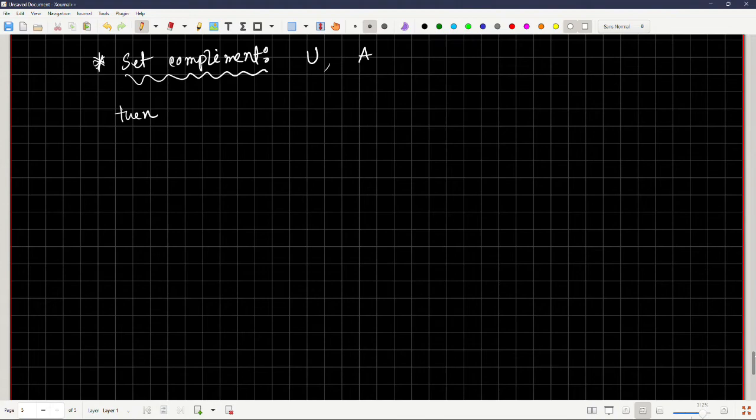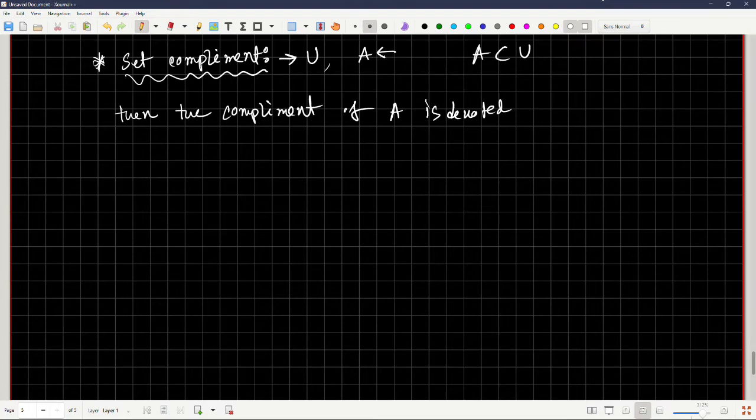So let's say you have a universal set U and a subset of that universal set A. So let me just write A is a subset of U. Then the complement, or the set complement, of A is denoted by A prime or A^C.